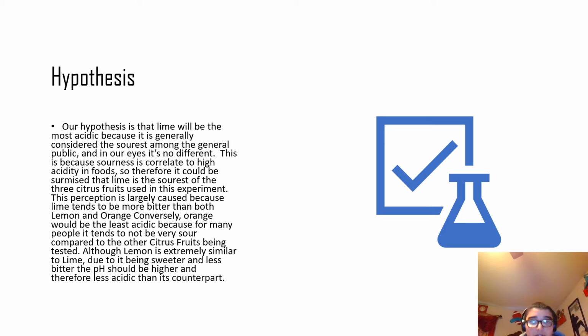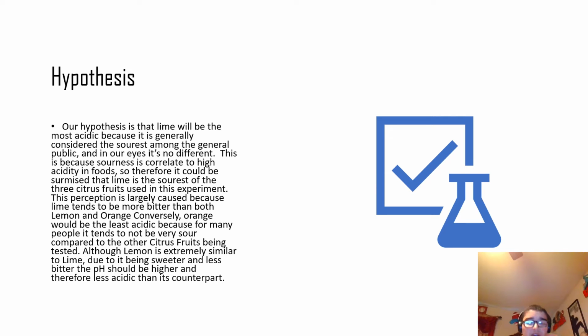So our hypothesis is that lime will be the most acidic, orange will be the least acidic, and lemon will be among the middle. The reason why we think that is lime is usually very bitter and sour, and particularly sourness is usually associated with acidity, while lemon is very sour.